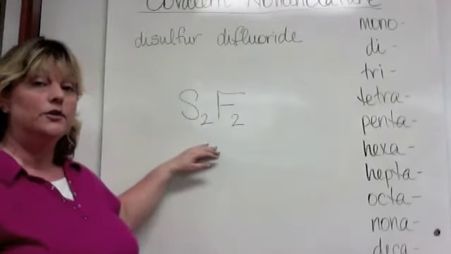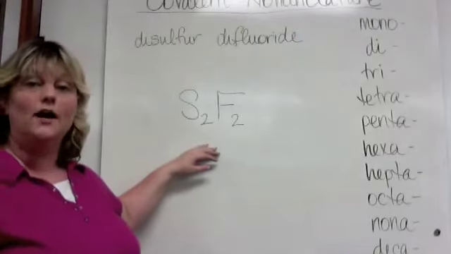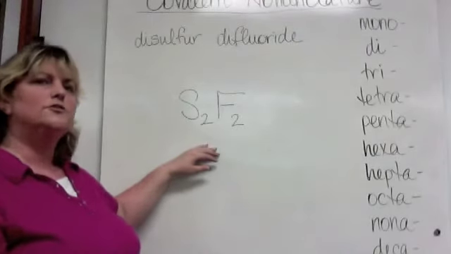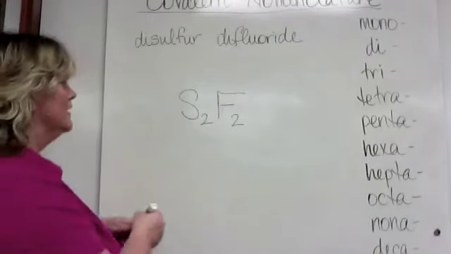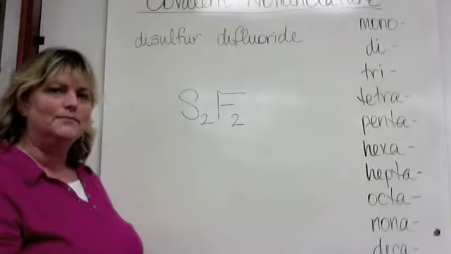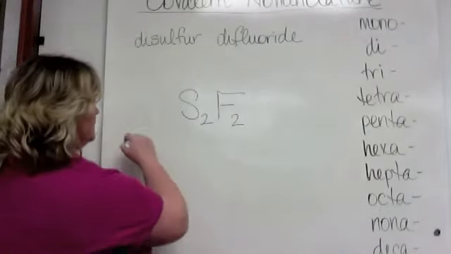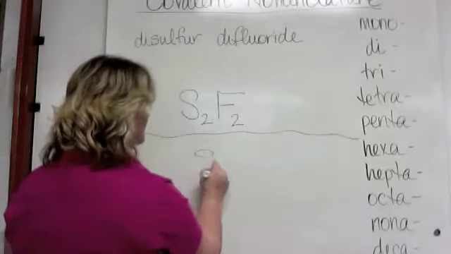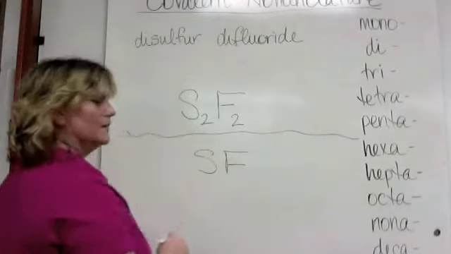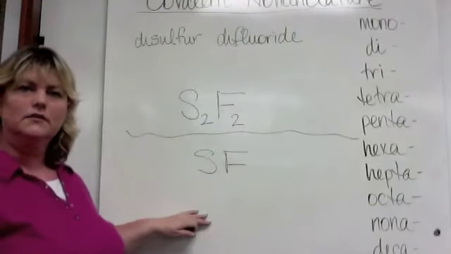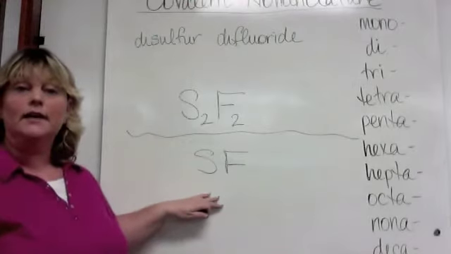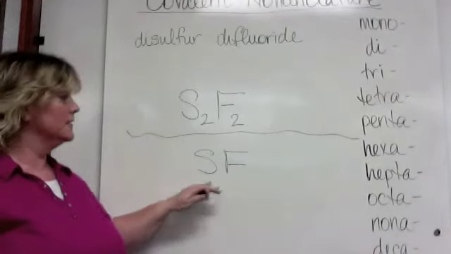Even though a 2 to 2 is the same thing as a 1 to 1, if I just wrote SF, that would actually be called something different. What would this be called? Well, question number 1, is it ionic or covalent?